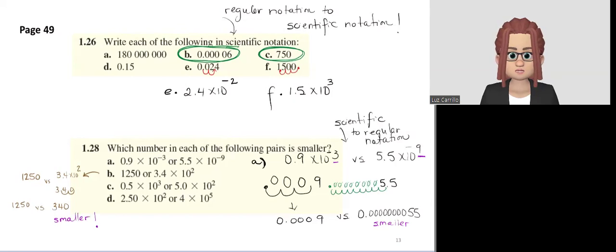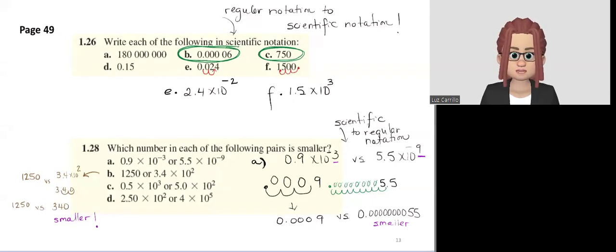So since in letter B, one number was in regular notation and the other one was in scientific notation, you either turn both of them into scientific notation, look at the exponents, and then look at the coefficients, or sometimes you can just look at the exponent if you can already tell which one has the smaller coefficient. And then based on the exponents, you can determine which one is the smaller.